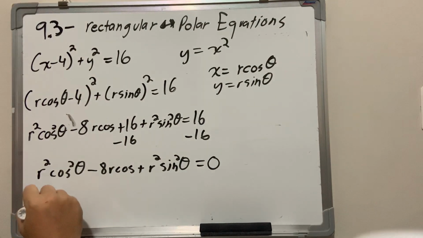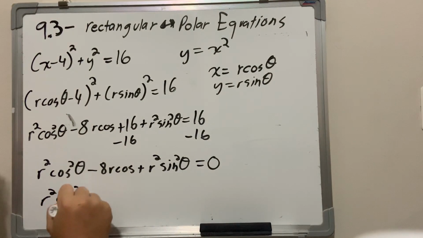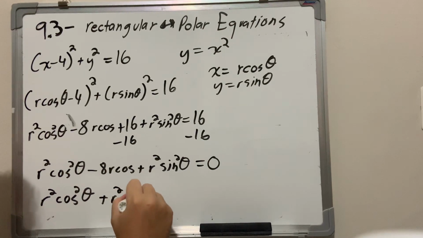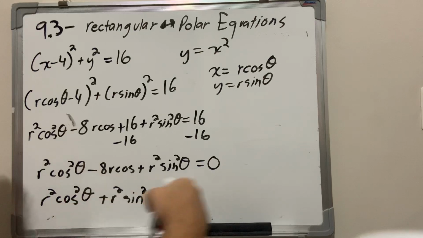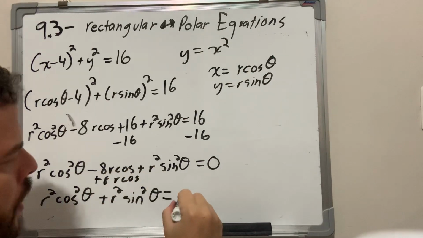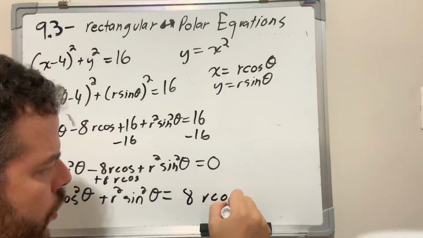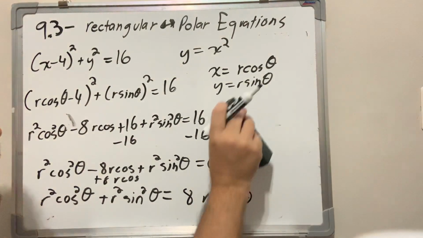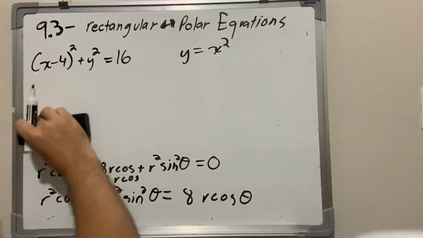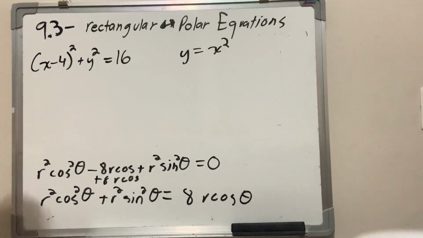So I'm left with r squared cosine squared theta plus r squared sine squared theta equals, I send the 8 this way by adding, 8r cosine theta. I'm going to need a little bit more room. I apologize. We have to adapt to the situation, and I have an awesome but very small board.